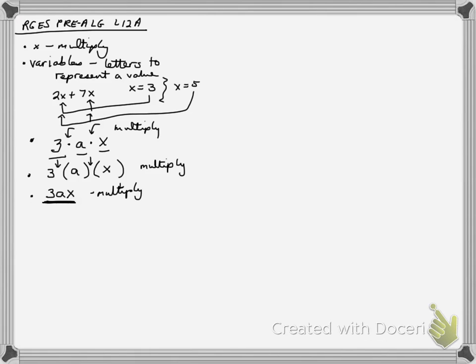Now obviously if they were two numbers, like 3 times 8, I could write them this way, but I could not write that this way, because that would mean 38 and not 3 times 8. So you use this last one when you're dealing with variables or one number and a variable. So that's our first idea.